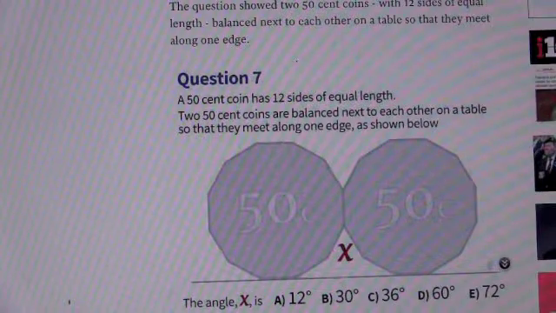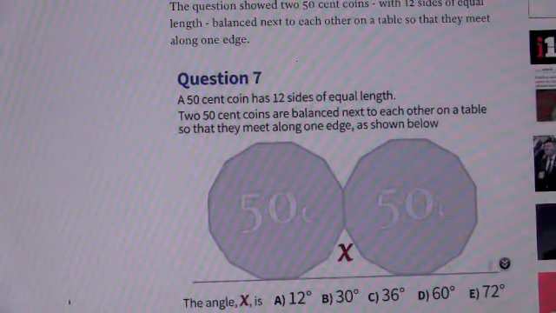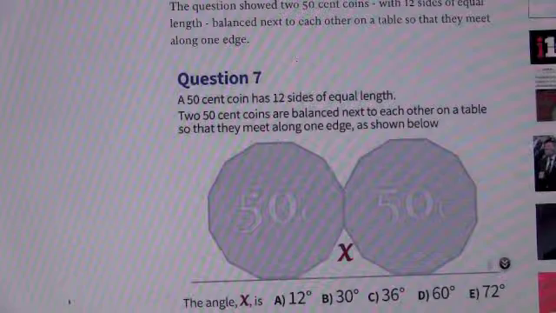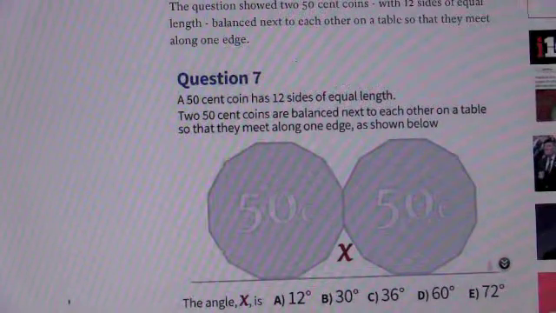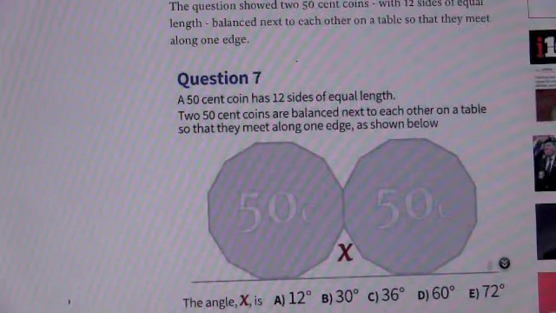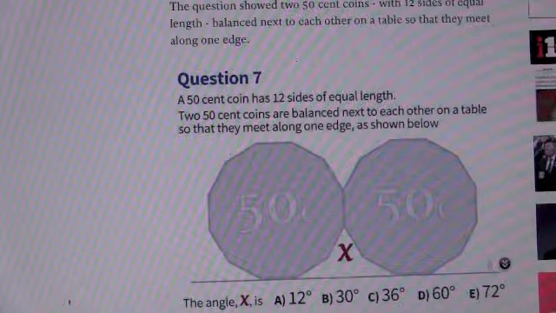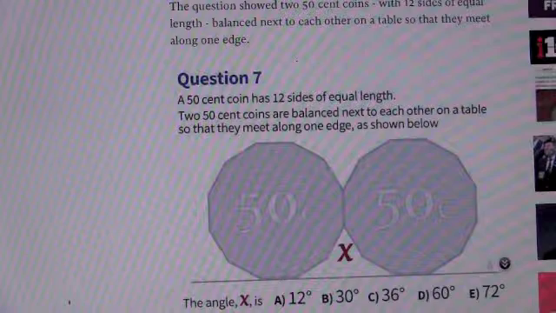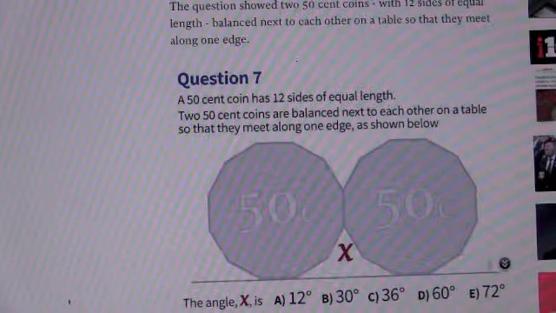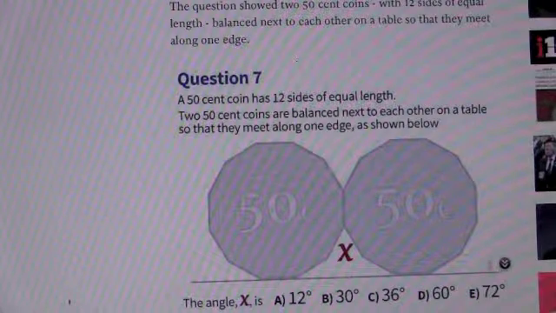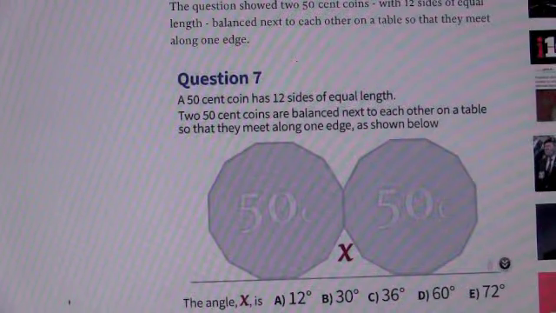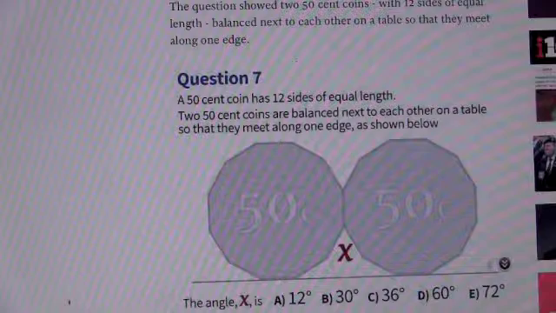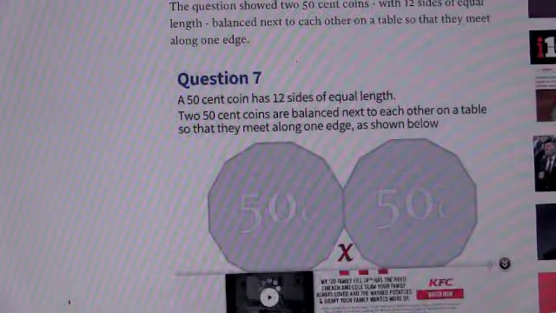You can cancel a 3 with the 180, so you get 60 times 10 over 4. Then cancel the 4 with the 60. You get 15 times 10, so 150. The internal angles of a 12-gon are 150.